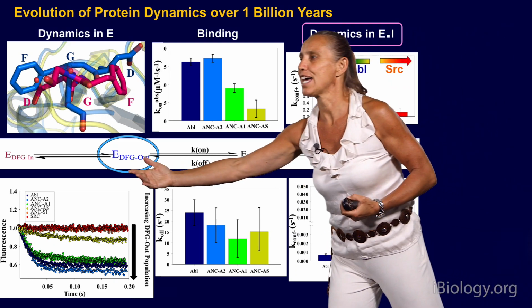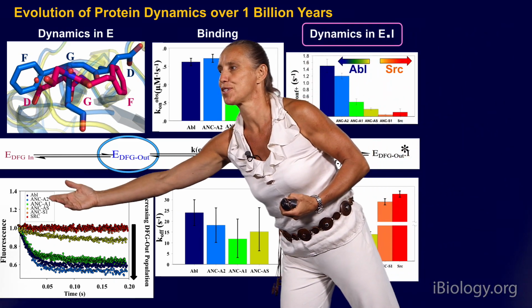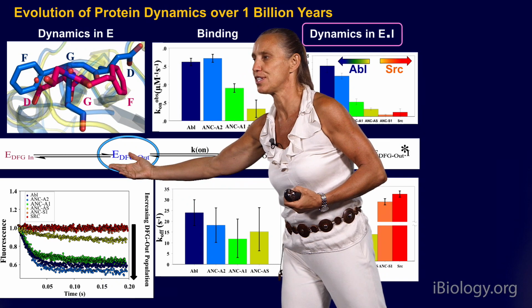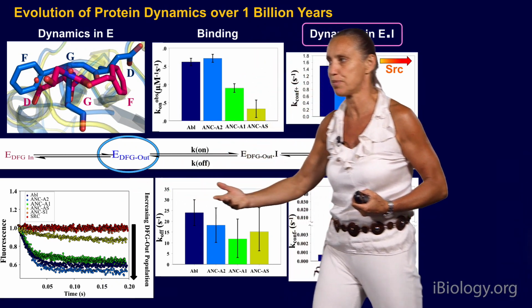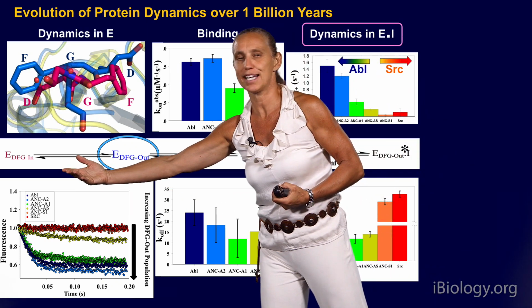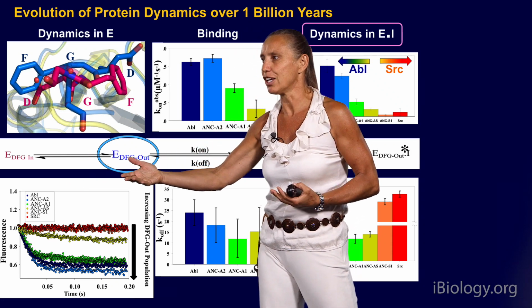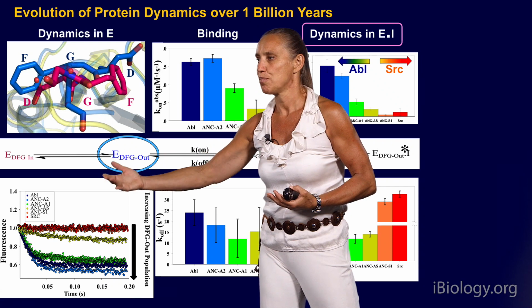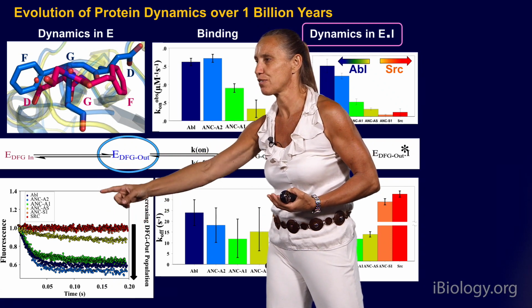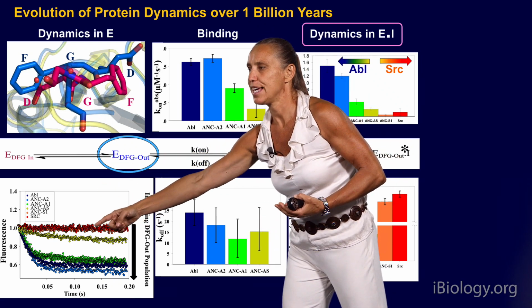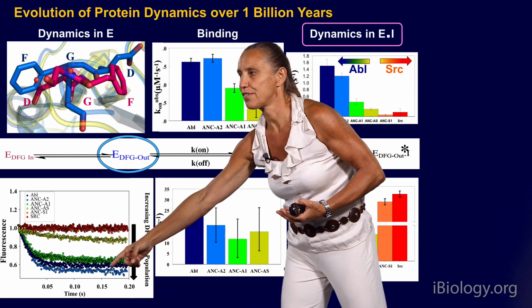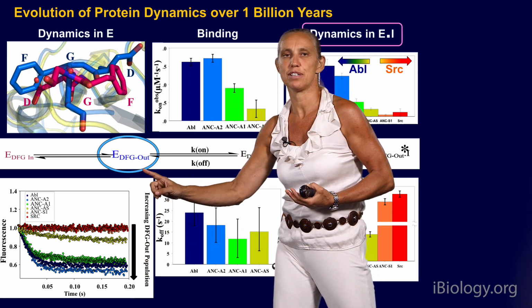Just one more side note, because that is what, of course, the field focused on for 20 years, the DFG-in, DFG-out flip. It turns out from these kinetic informations, we even get a first handle on how this equilibrium shifts. Because in this fast kinetics of the first on rate over here, the amplitude is directly related to the population in the DFG-out state.